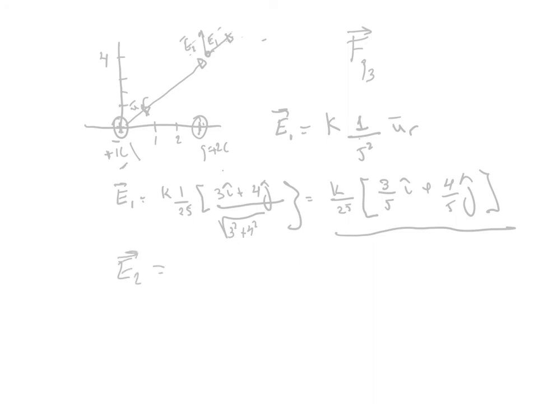E2 will be K over the distance squared, 16, times the charge plus 2 Coulomb, times the unitary vector that is j. Why is the unitary vector j? Well, you see here is the vector that goes from the source to the point, j. So this is K over 8 j.